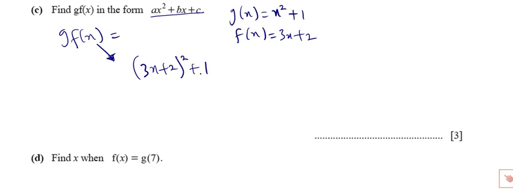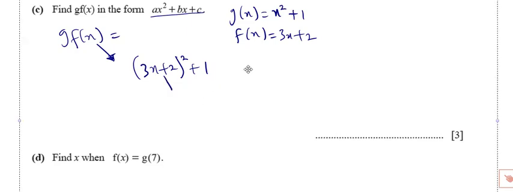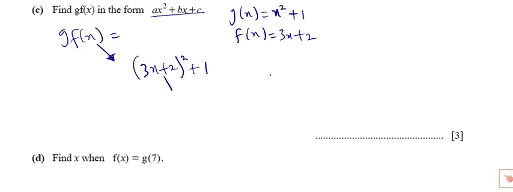Remember, we are to write it in this form. So if I try to expand this bracket first, that's 3x plus 2 multiplied by itself 2 times.